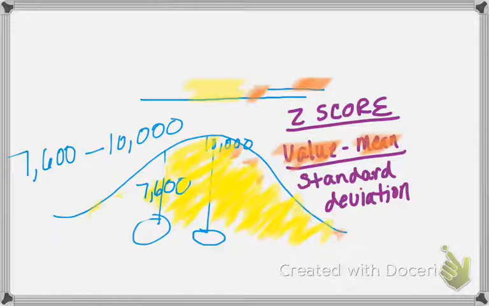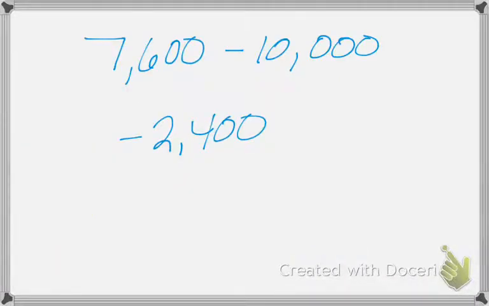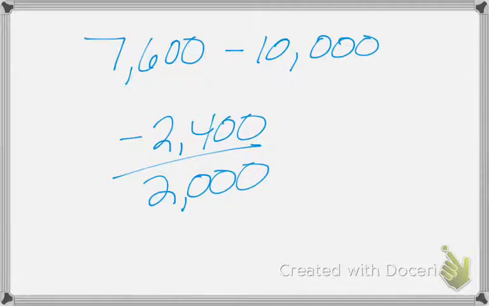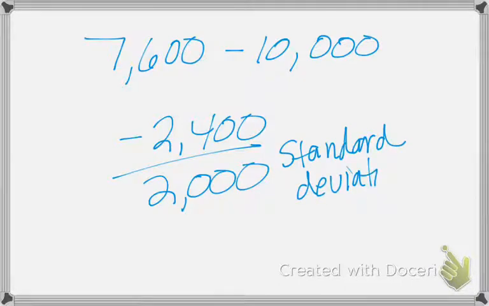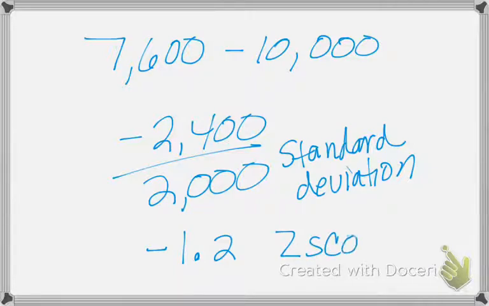And so we know from the problem, they told us that the standard deviation is 2,000. So I'm going to take that negative 2,400, and then I'm going to divide it by 2,000. And again, that's because it's the standard deviation that was given to us in the problem. So once I divide that out, negative 2,400 divided by 2,000, I get a z-score of negative 1.2.